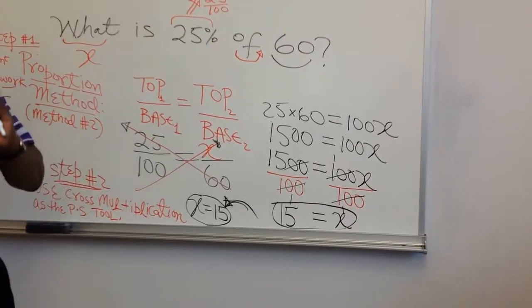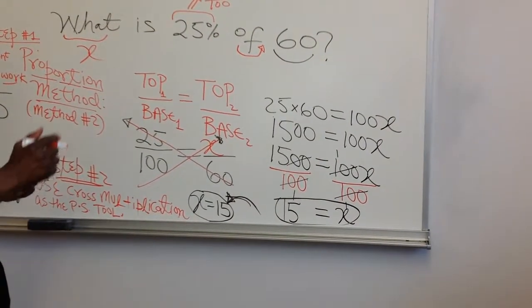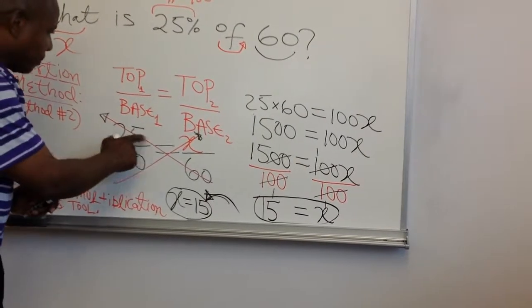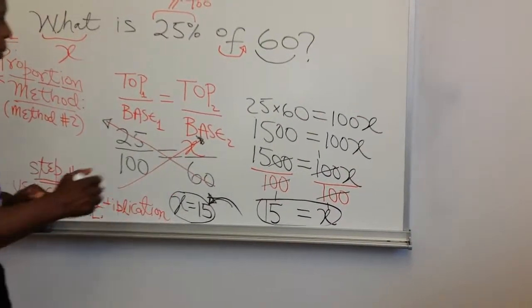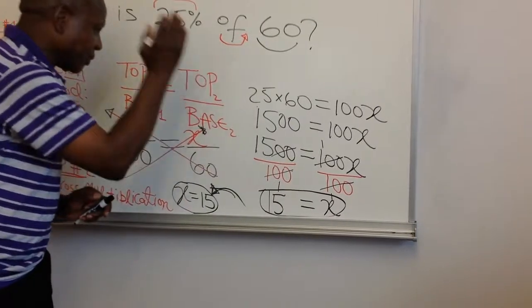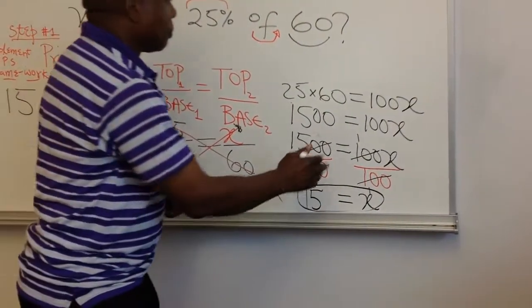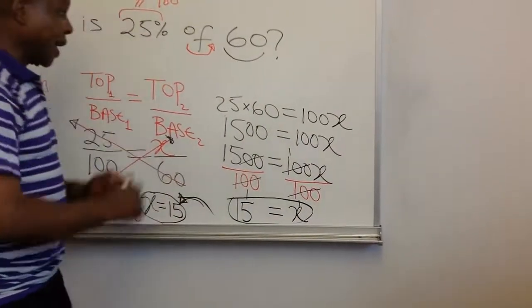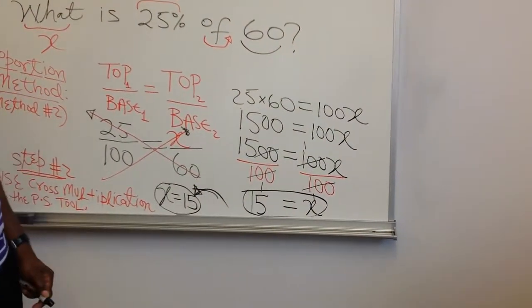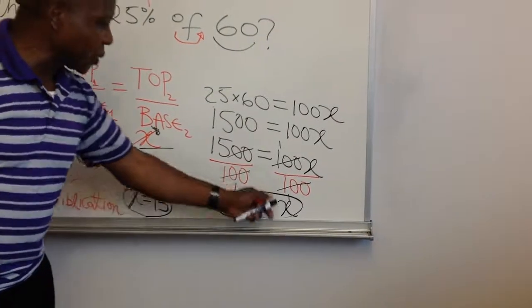I repeat, the cross multiplication involves multiplying 25 by 60, and we're able to obtain 1,500. And then we multiply the 100 by x, and obtain 100x. Finally, we have to divide both sides by 100, and we're able to obtain 15 equals x.